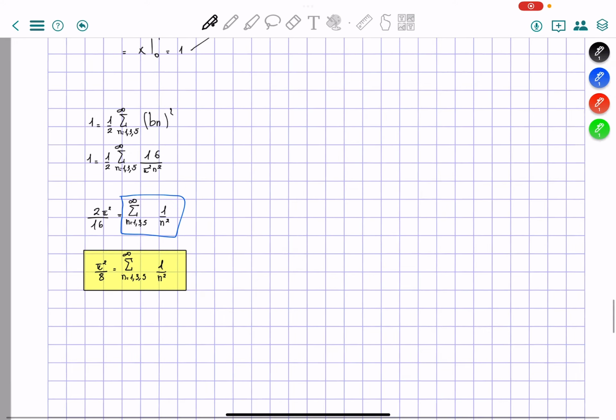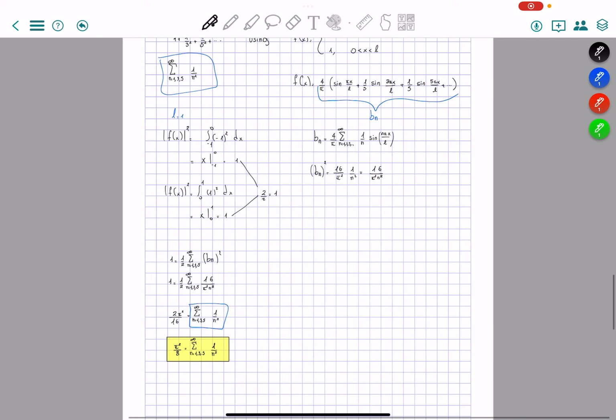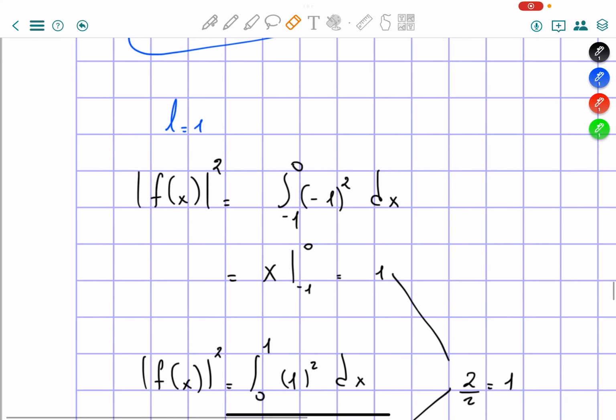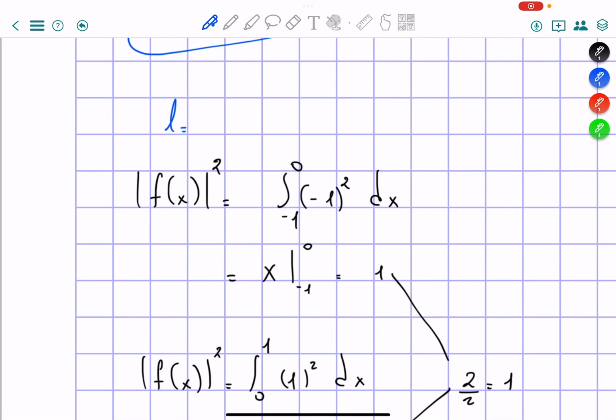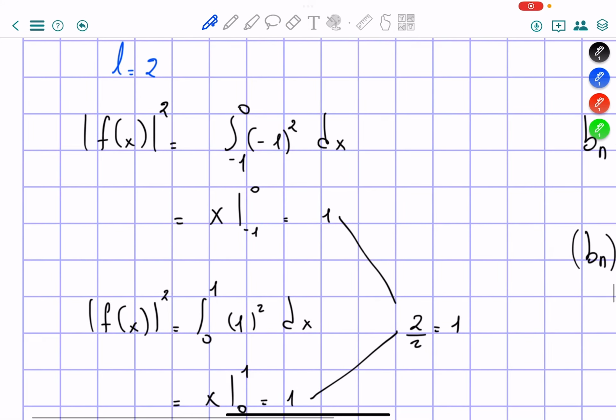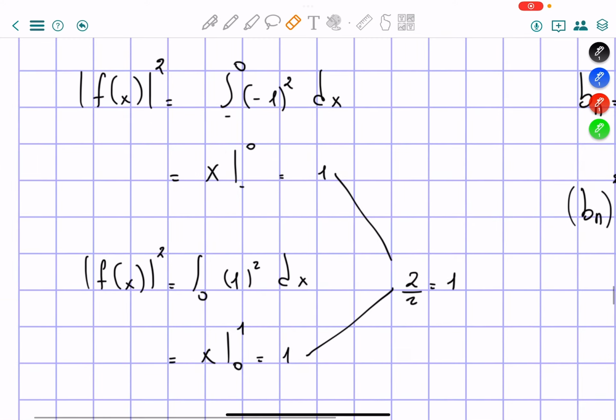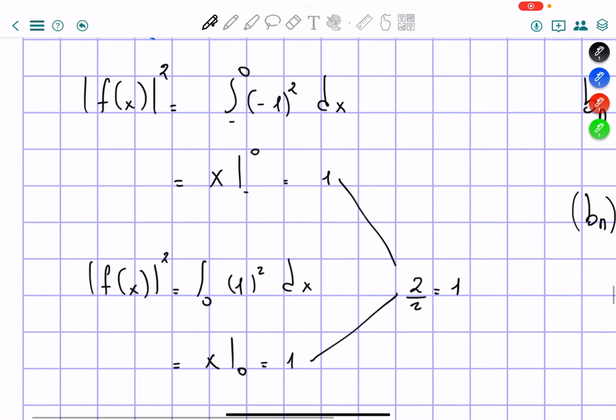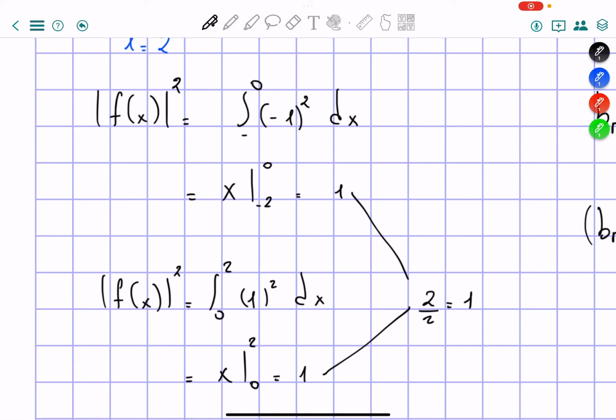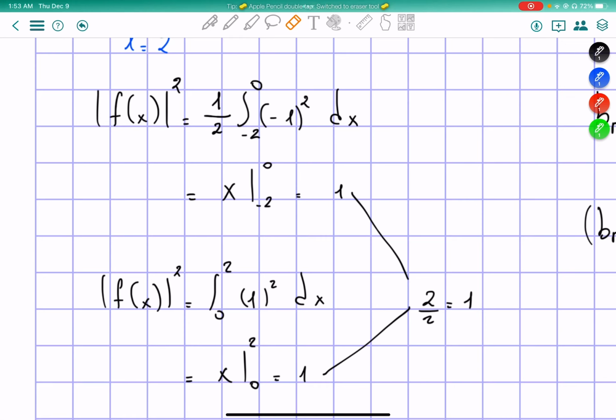As you can see, it was pretty easy, pretty straightforward, as long as you know what to do. One thing you can do is change these values to be, for example, 2. Let's see what happens. So I'm going to change it everywhere, 2, 2, 2. But one thing now is that in front it's going to be 1 over L. And now that L is 2, we're going to divide everything by 2.